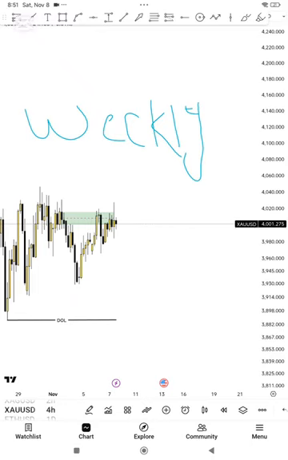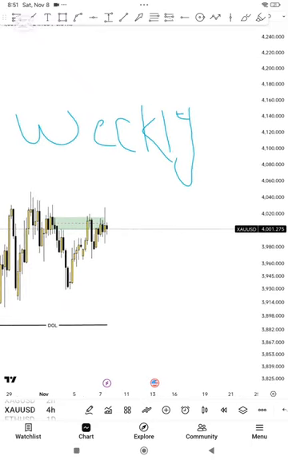Remember, when your bias is clear and your direction is clear, you can take any trade confidently, and you can easily hold it longer because you already know where the market wants to go. So today our main focus is to understand how a weekly candle forms, how it reacts, and most importantly how we can catch its low and high, how we can catch its low in a bullish scenario.